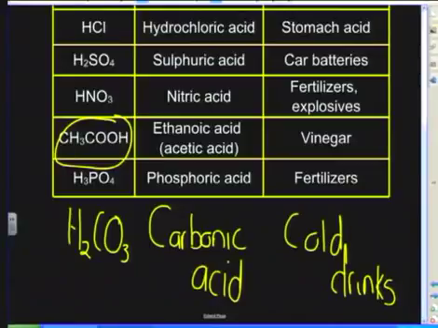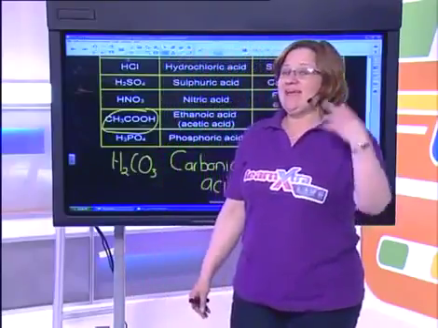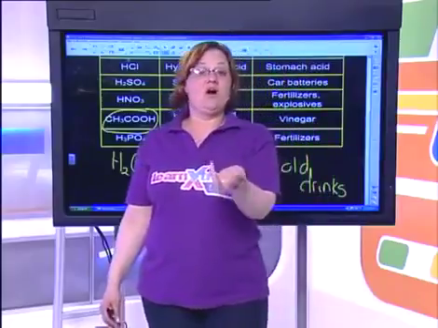In your favorite fizzy cold drink, you know that it's slightly acidic. In a lot of them we find phosphoric acid as well. But what makes that fizz is dissolved carbon dioxide, and the dissolved carbon dioxide forms the acid carbonic acid. That is why fizzy cold drinks are acidic.